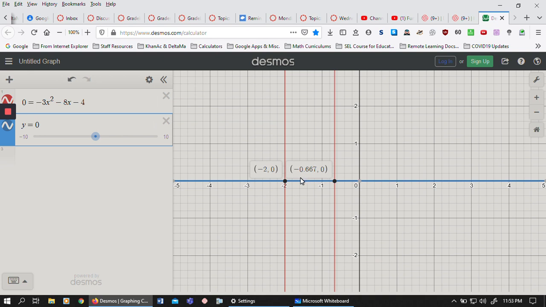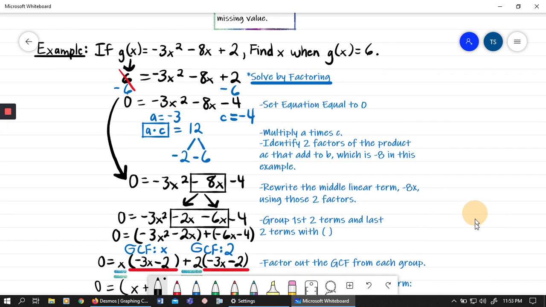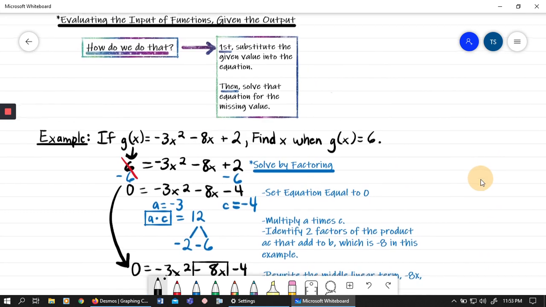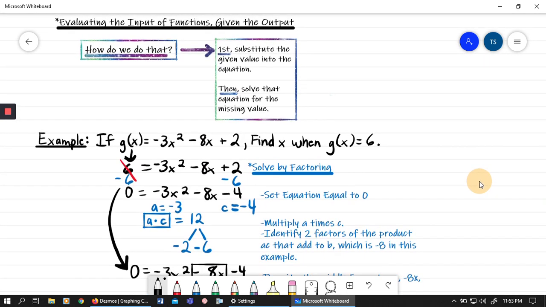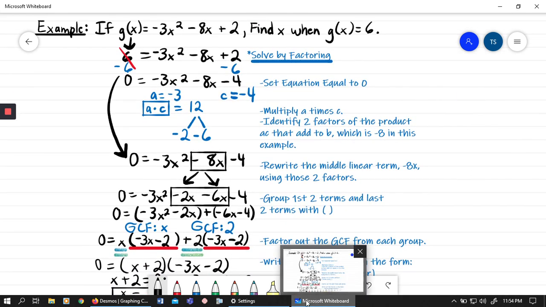And that's how you would evaluate the input of a function when you're given the output. You first substitute the given value into the equation and then solve the equation for that missing value. I do hope that this has been helpful to you.